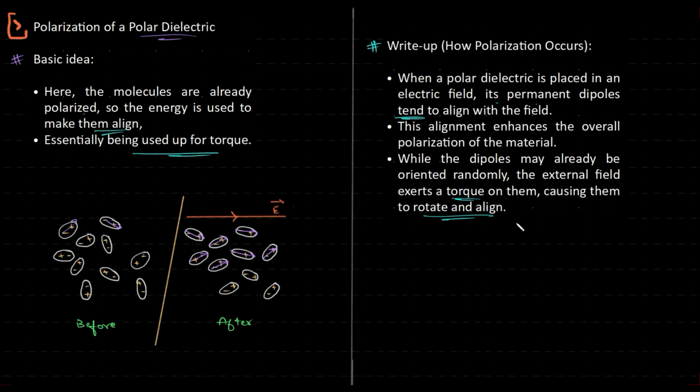So herein, when we apply the electrical field, what different happens? The atoms and the molecules tend to align in the direction of the electrical field. So as and when you increase the electrical field strength, the alignment will be more. So basically, energy is used up in turning this set of atoms and molecules.